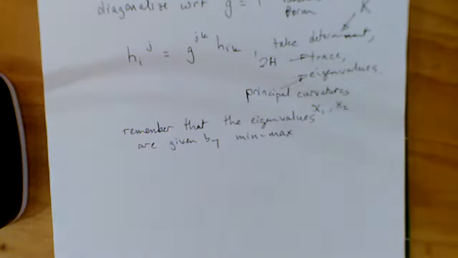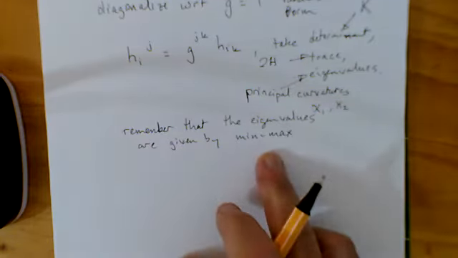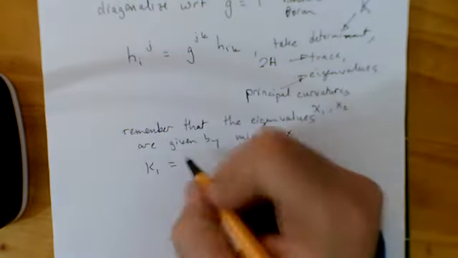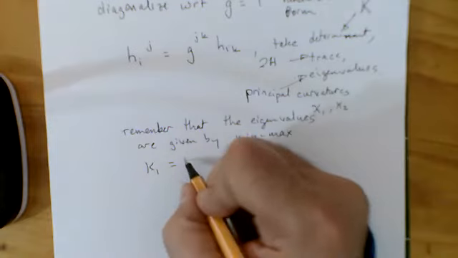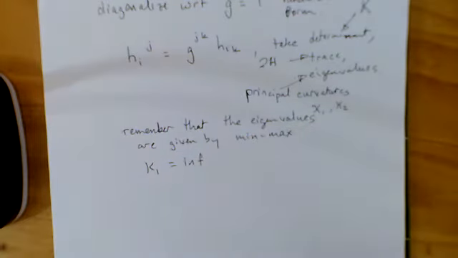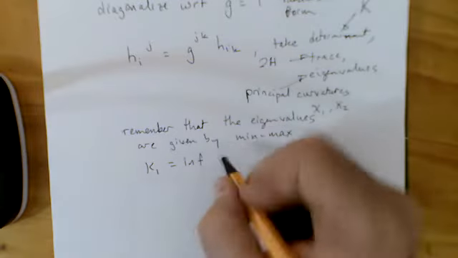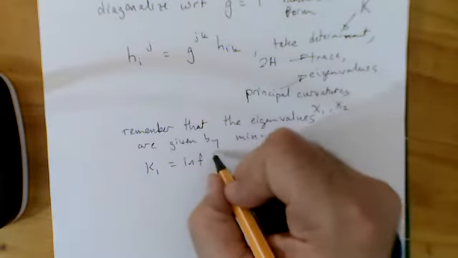The eigenvalues are given by a minimax characterization, namely that kappa 1 is going to be the smallest.